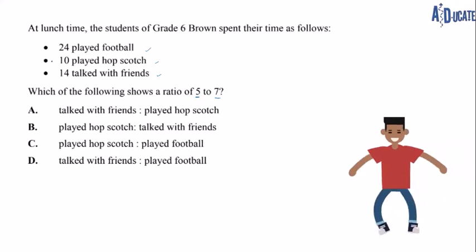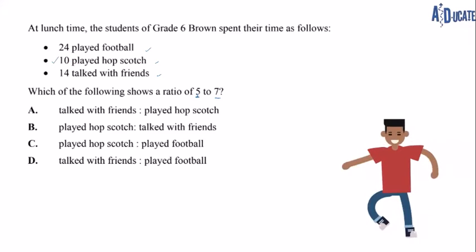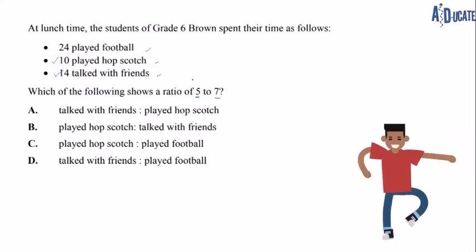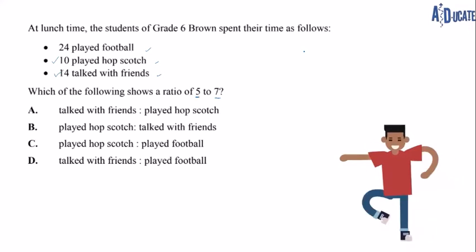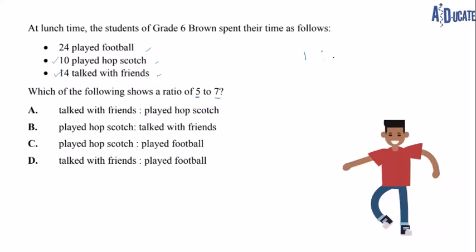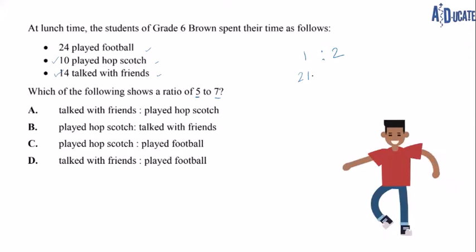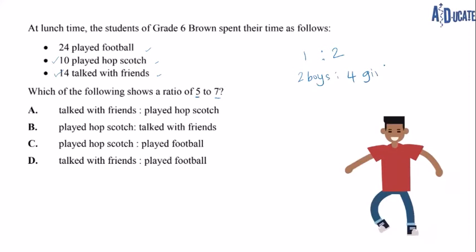If you look at this one, 10 is actually 5 multiplied by 2, and 14 is 7 multiplied by 2 as well. The ratio is a comparison and not necessarily the actual number. For example, a ratio of 1 to 2 is the same thing as saying there were probably 2 boys and 4 girls. That's the ratio of boys to girls, 1 to 2.